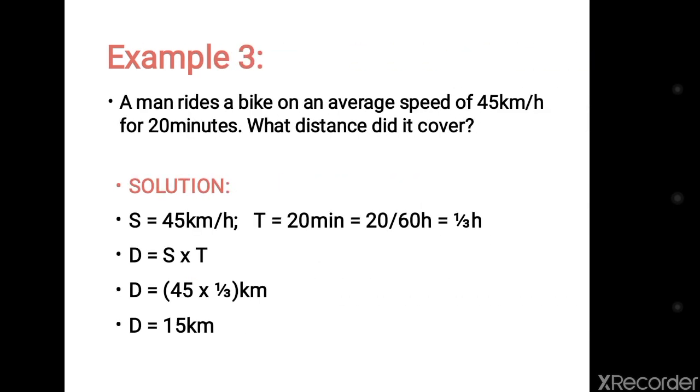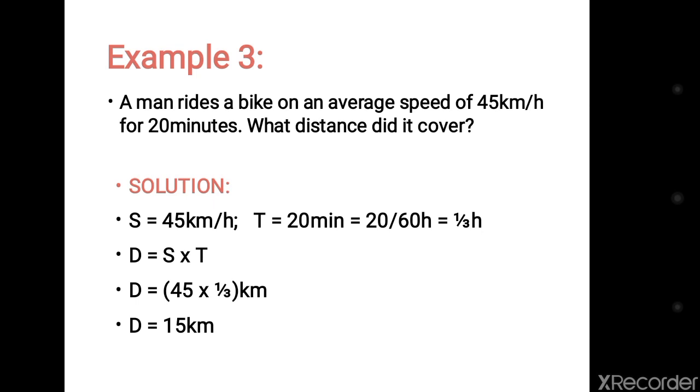Let's look at more examples. A man rides a bicycle at an average speed of 45 kilometers per hour for 20 minutes. What distance did it cover? Look at the solution. We know that speed is equal to 45 kilometers per hour, and we're given time as 20 minutes. Remember, our time can only be measured in hours or seconds.